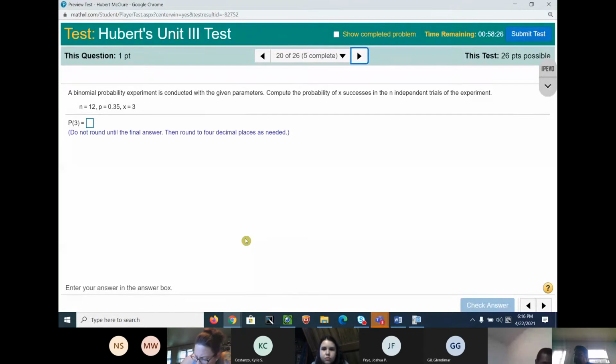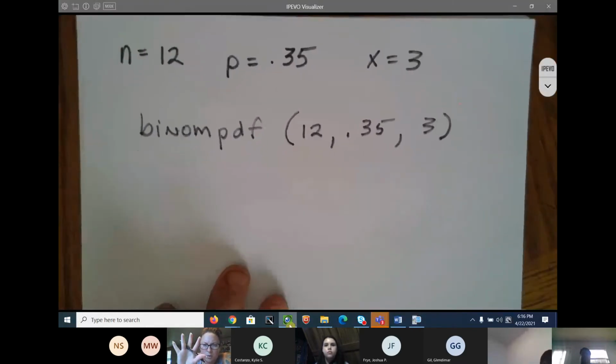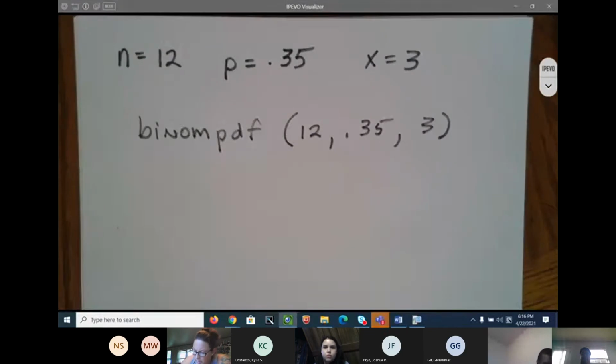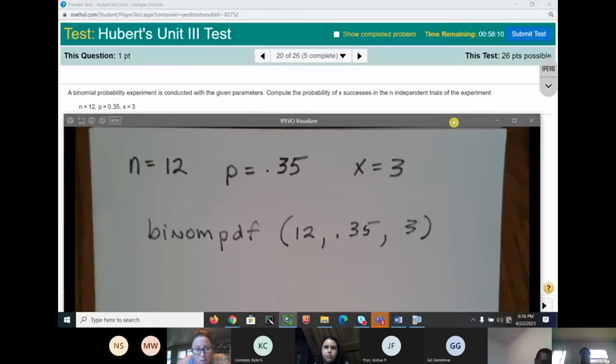Oh, equal to. And there you go. Hold on. So if it's equal to, that means all you do is do the PDF, right? Yeah, because it means precise. All right, binomial PDF.